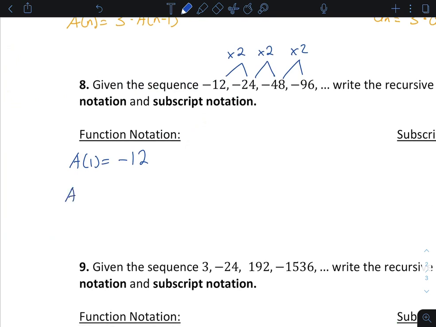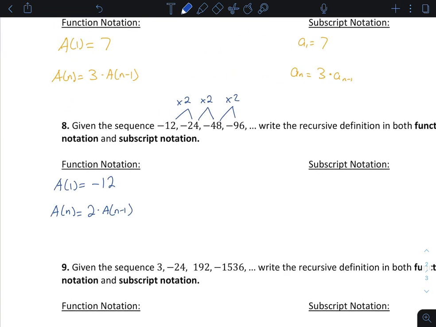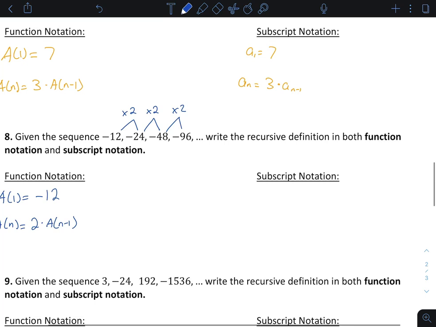So that means here, my common ratio was a positive 2. And I'm multiplying that by my previous term. Very similar to our subscript notation. So A sub 1 equals negative 12. And here, A sub n equals negative 12 times A sub n minus 1.